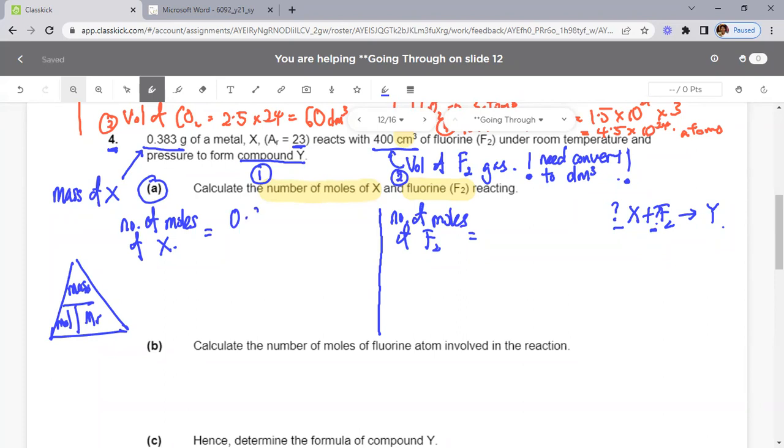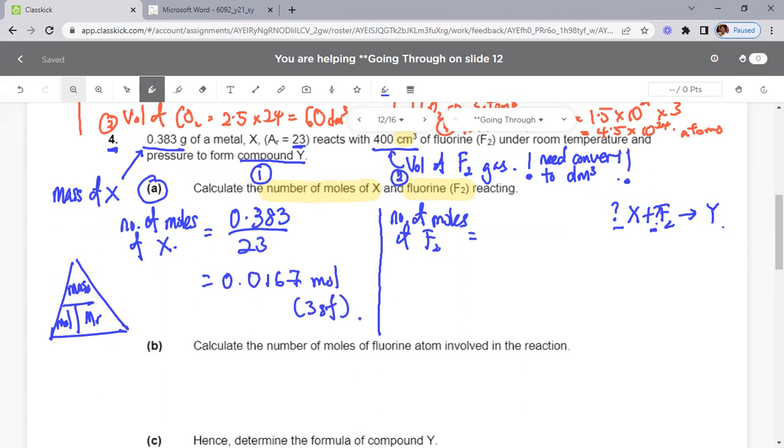So this will be 0.383 divided by 23. For those of you who have done this on your calculator, your answer should be 0.0167 mole. Take note, final answer always do 3SF.